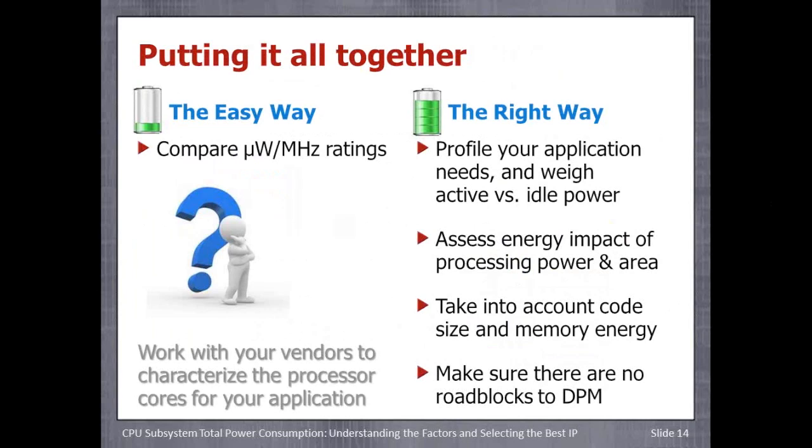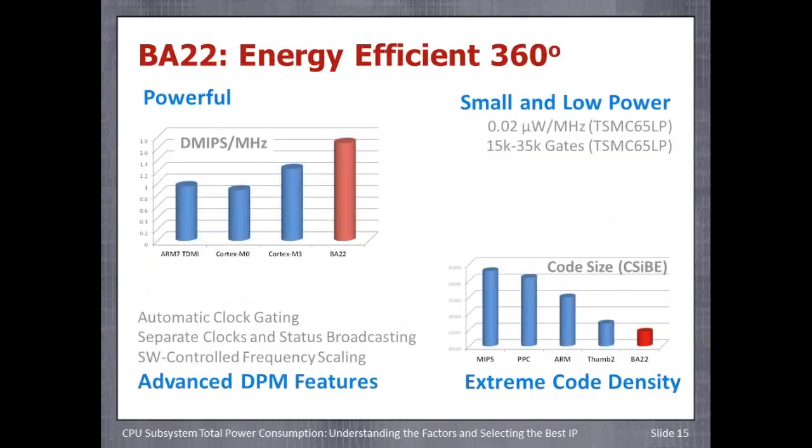And if you decide to do an exercise like that, the BA22 from CAST is a processor that you need to take into account. And that's because the BA22 is energy efficient in all of the aspects that we have seen. It is powerful. It provides 1.7 DMIPS per megahertz. It provides extreme code density.